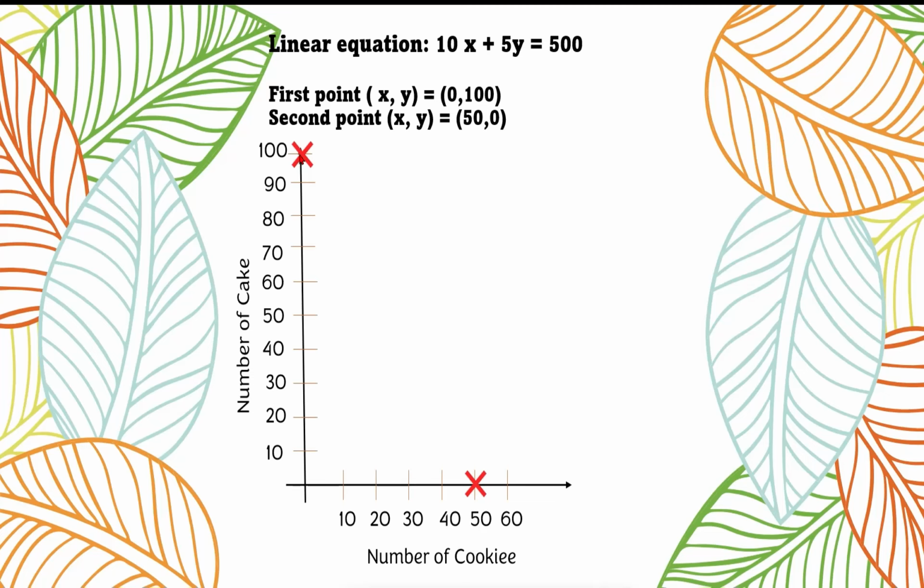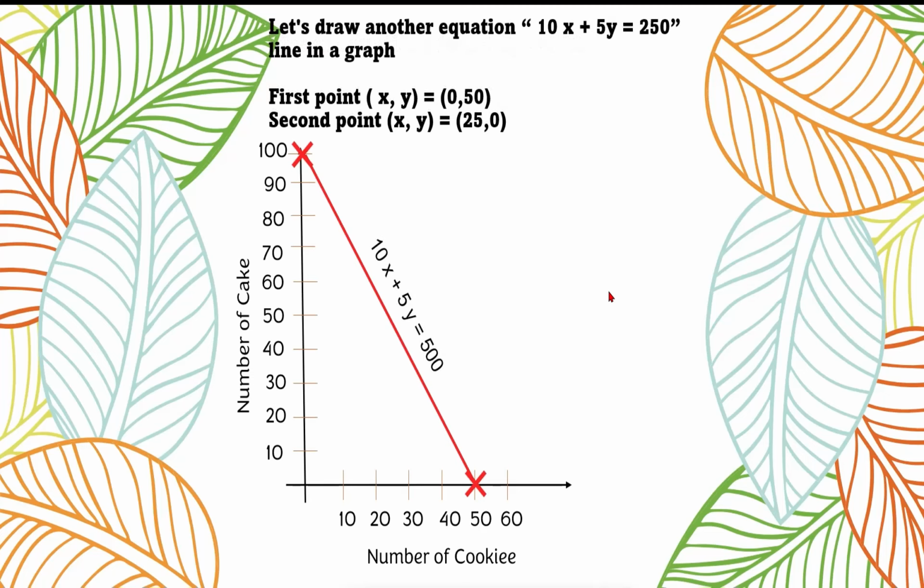So I have put a cross symbol at this point. Now the next point is 50, 0. So the value of Y is 0 at the origin and the value of X is 50. So I have put a cross symbol over that point. Now we need to join these two points and this is our ISO contribution line, right?